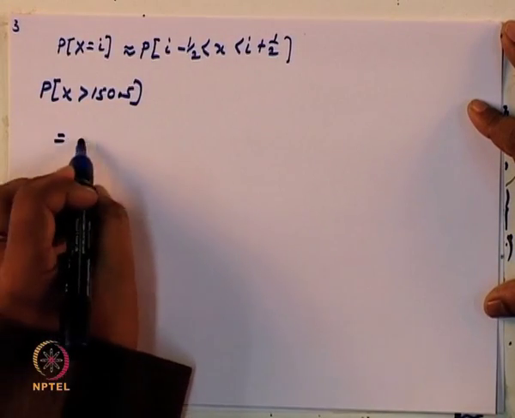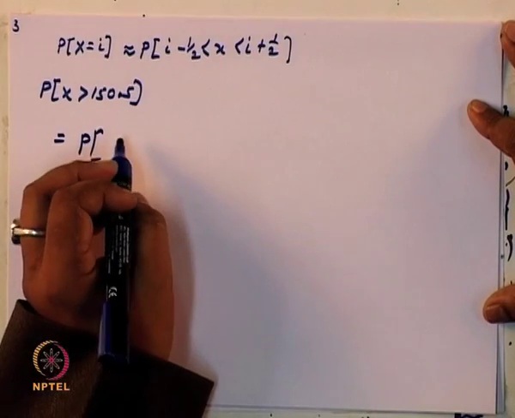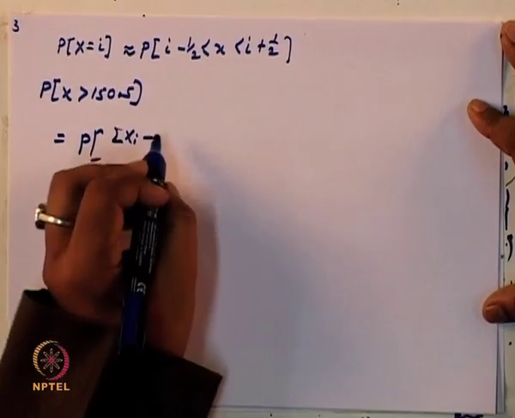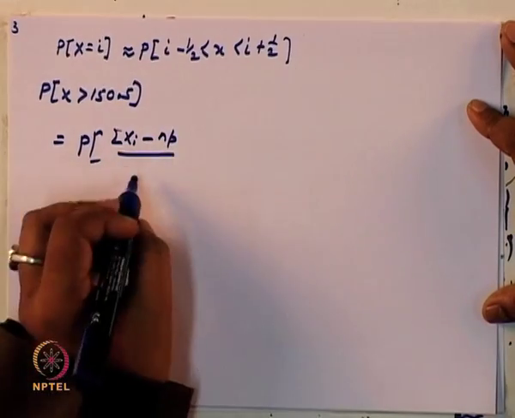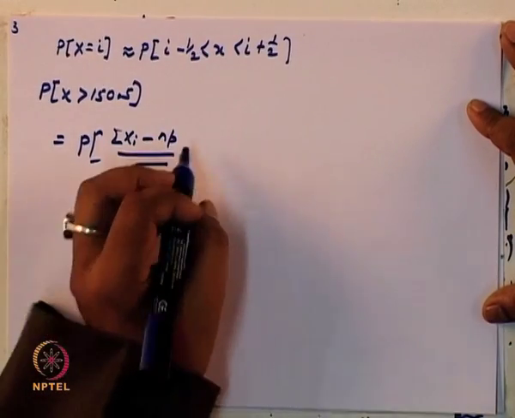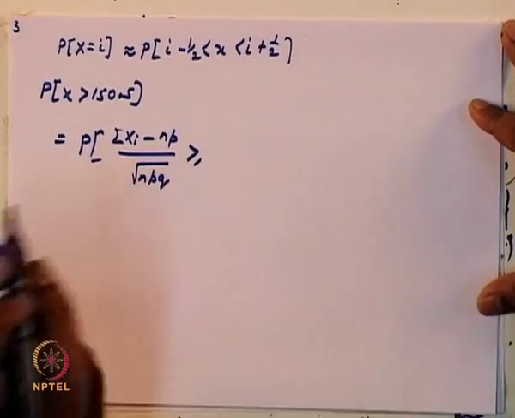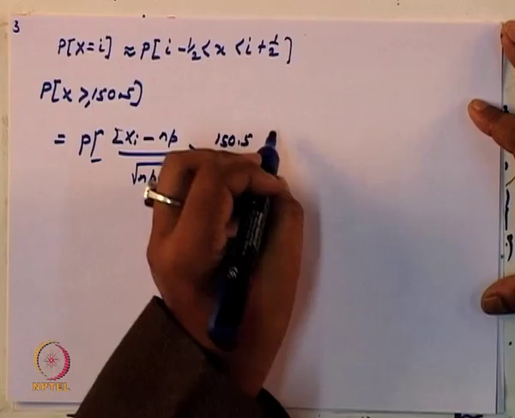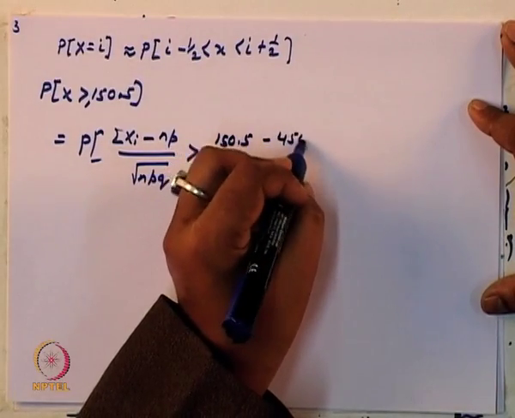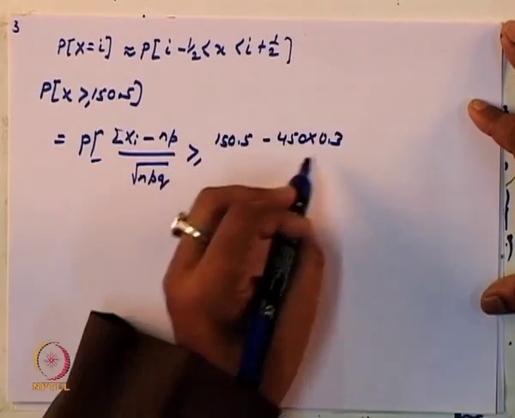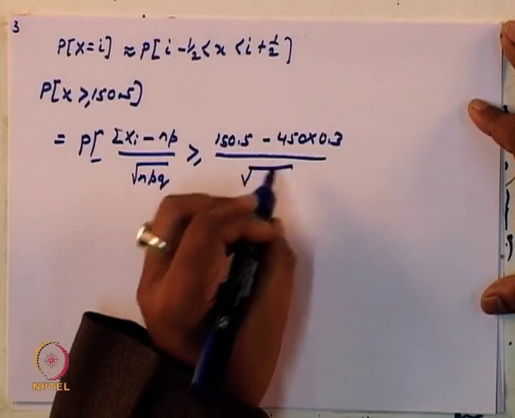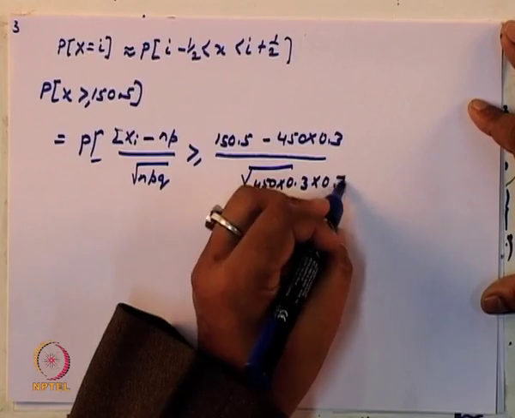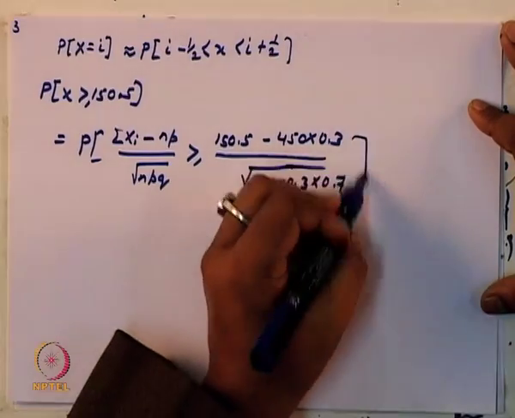So, this is nothing but the probability of z, where z is given by summation xi minus np by root of npq, greater than or equal to, let us say, 150.5 minus 450 into 0.3, which is your np, by root of npq.